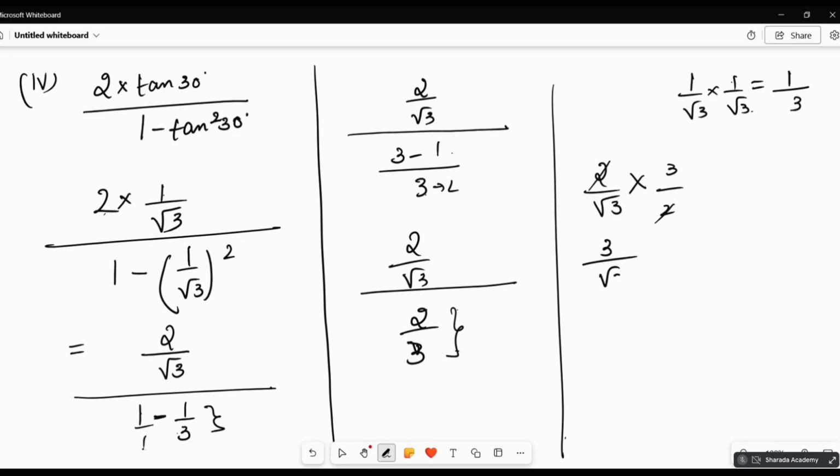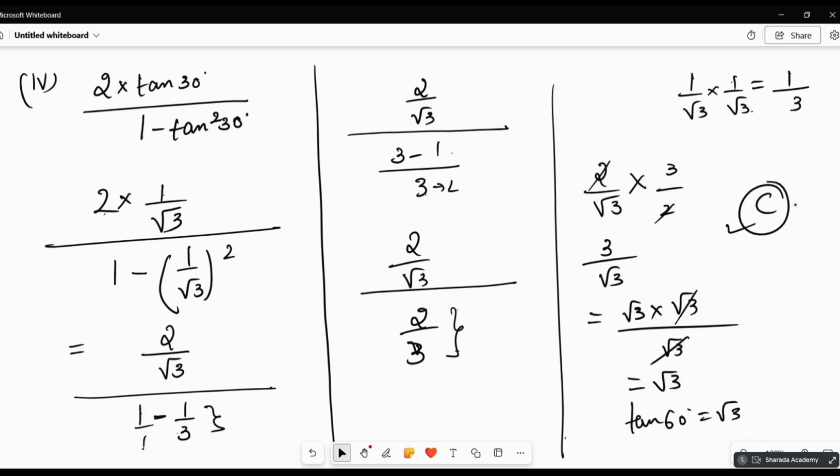I will get 3 by root 3. 3 I can write as root 3 into root 3 divided by root 3. So this is root 3. In the options, they have given tan 60. Tan 60 value is also root 3. So option C is the answer.